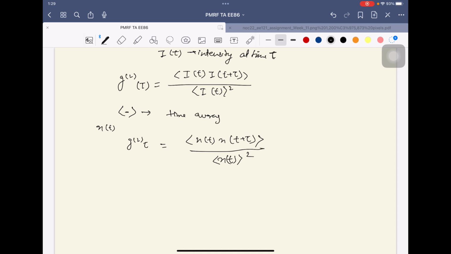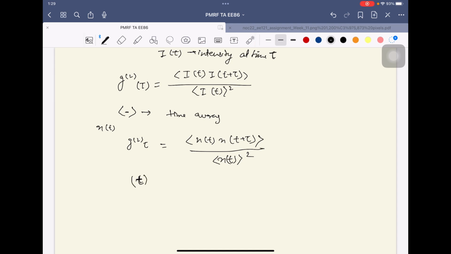We can think of g2(tau) as answering the following question: I have detected a photon at time t. What is the probability of detecting another photon at time t plus tau?